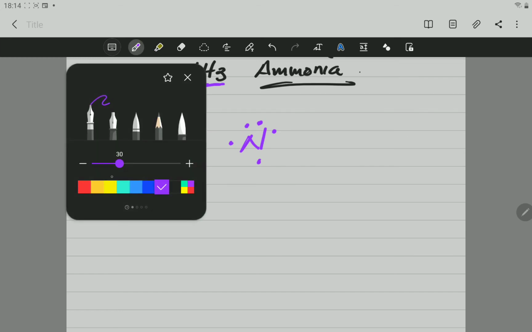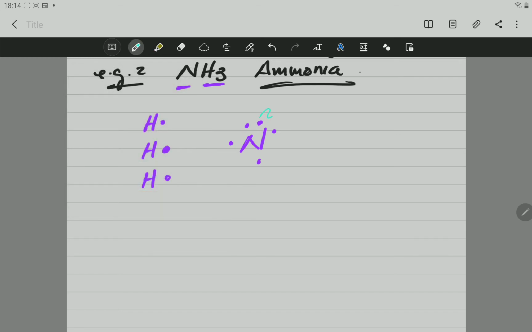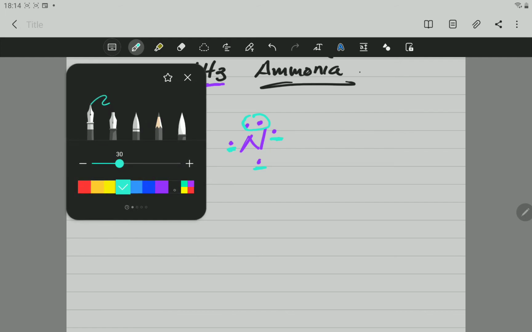So nitrogen has 1 lone pair which you cannot break. Nitrogen has 3 unpaired electrons that can be shared. And to form ammonia, you need 3 hydrogens. So each of these unpaired electrons will be shared with 1 hydrogen.